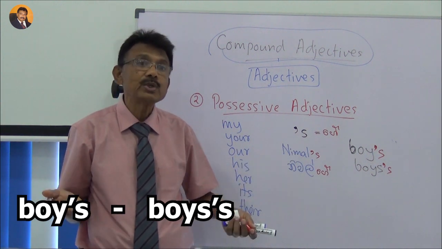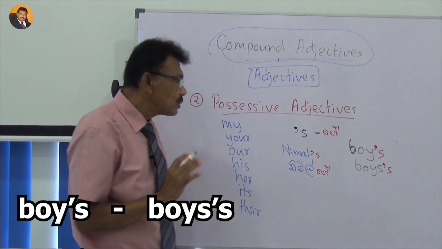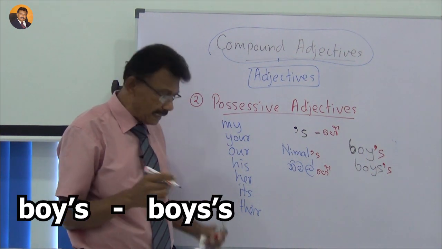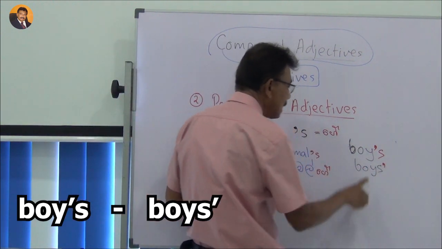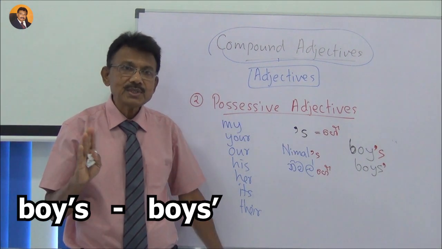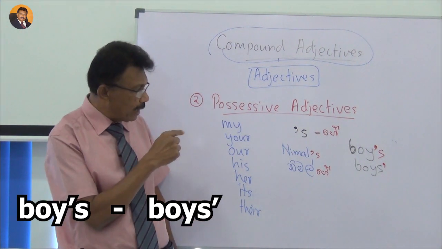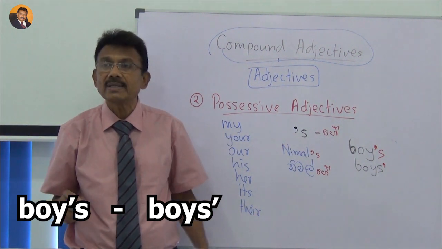"Boys's", then we'll have to jump up to say that, which is wrong. So all you have to do in English is just put the apostrophe without s. Now boys', pronunciation the same. But when you look at that and when you hear it with the context, you will understand.